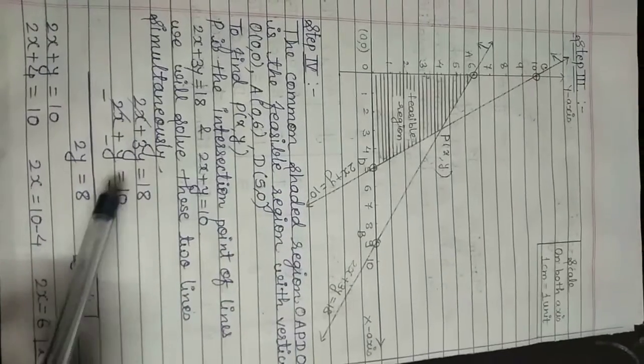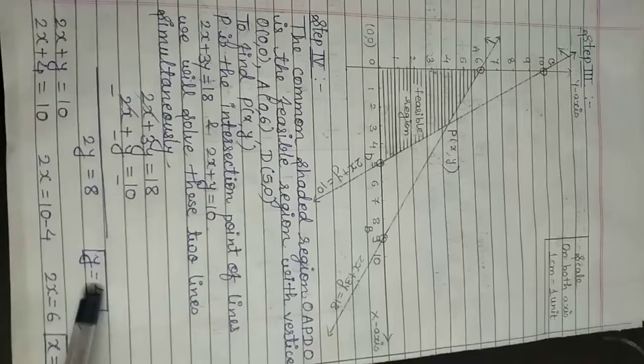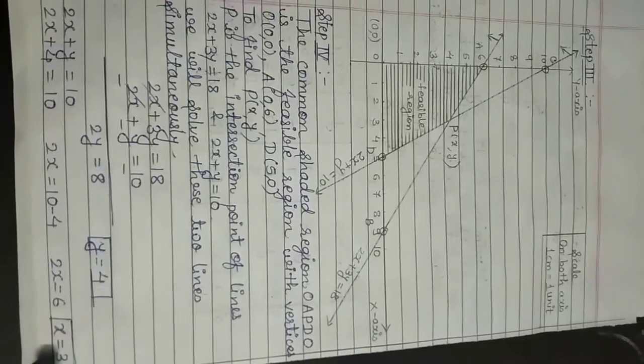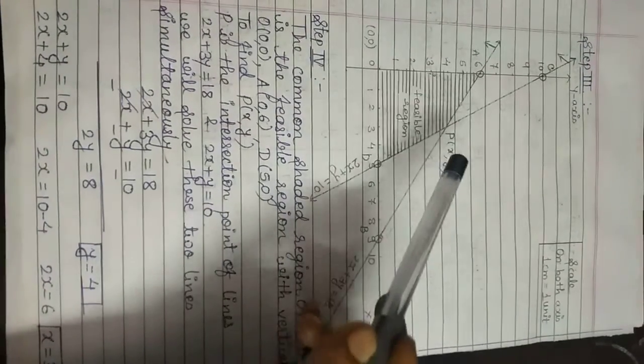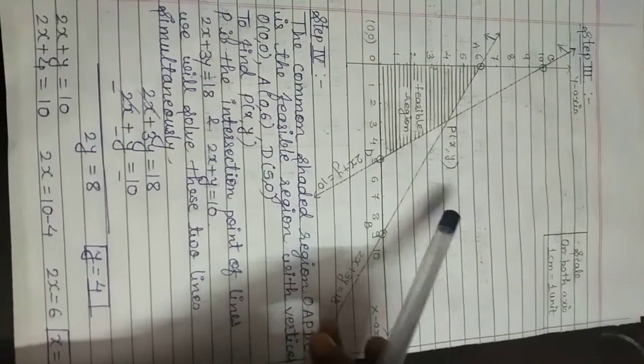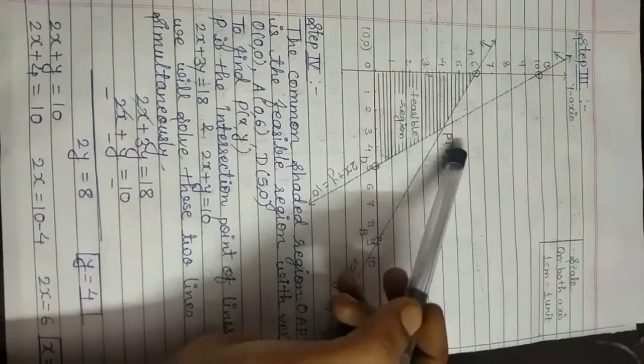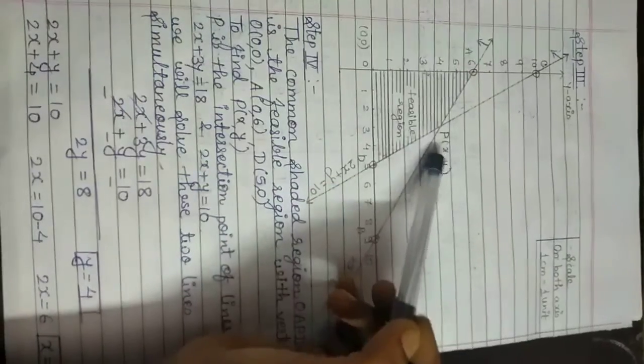So by solving these two equations simultaneously, we get y is equal to 4 and x is equal to 3. So therefore the coordinates of P are 3, 4. Now if you have drawn this graph on graph paper, then directly you can write the coordinates of P as 3, 4.